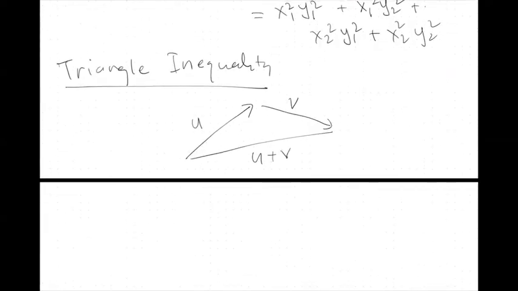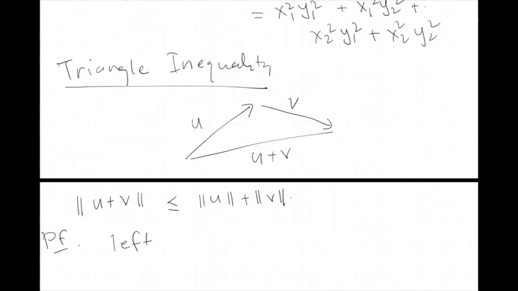The triangle inequality says that the norm of u plus v is less than or equal to the norm of u plus the norm of v. The proof here is, let me do it here.